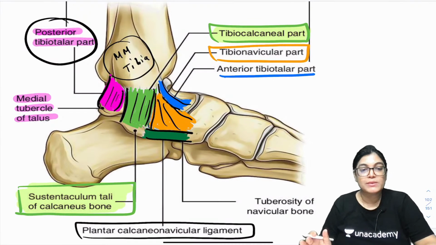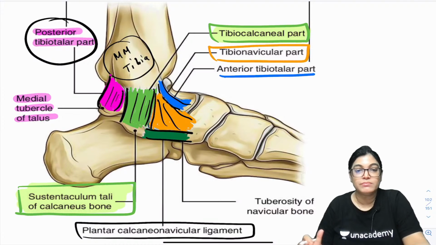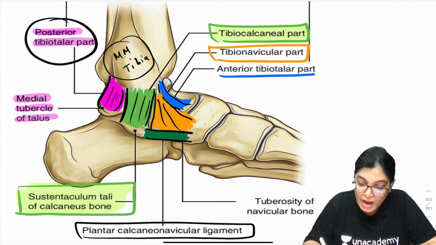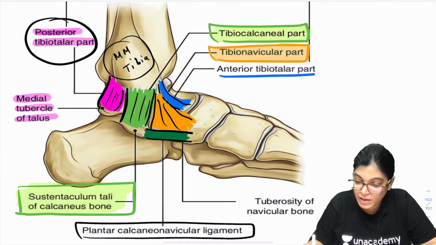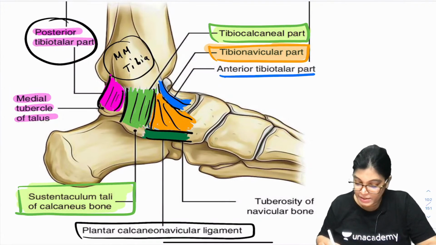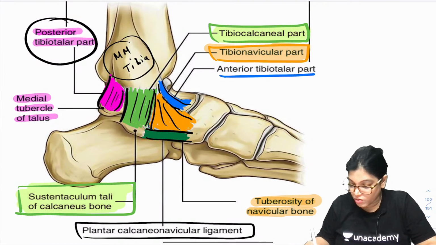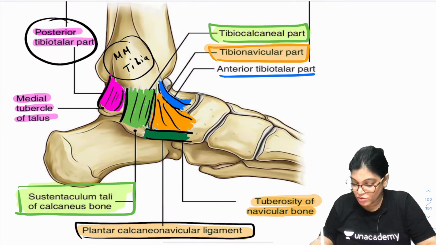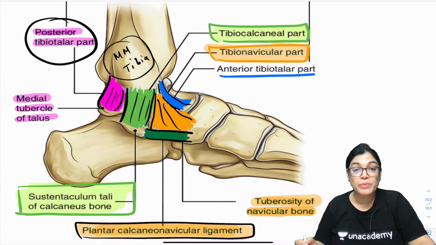Upper attachment is similar, that is the medial malleolus of tibia, merging with the sustentaculum tali of calcaneus bone. And the tibio-navicular part is merging with the tuberosity of navicular bone, and lower down also merges with the plantar calcaneo-navicular ligament. Plantar calcaneo-navicular ligament is also called the spring ligament.